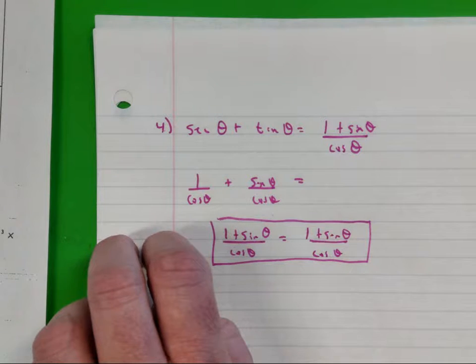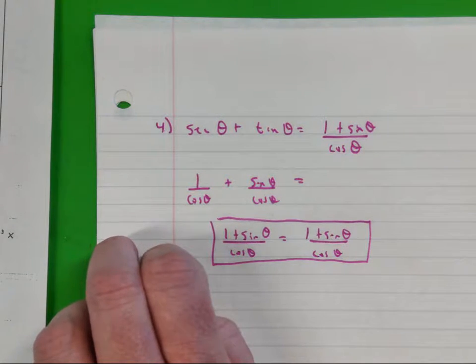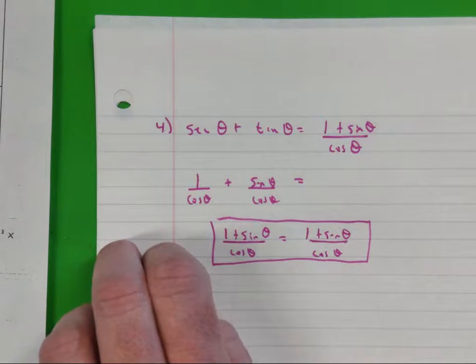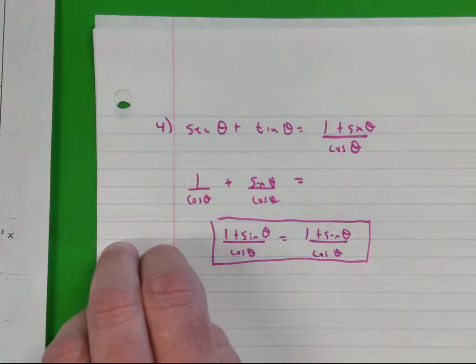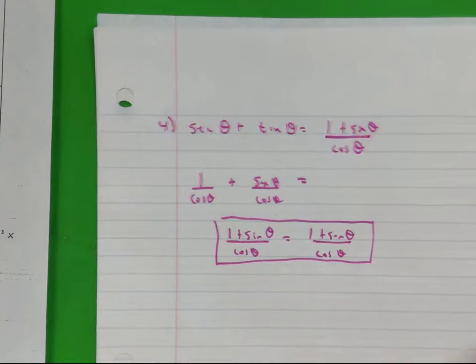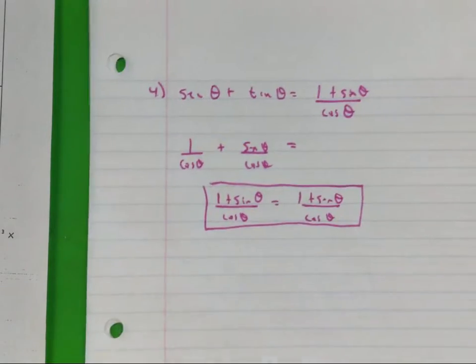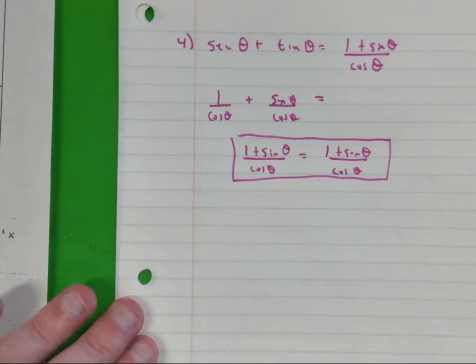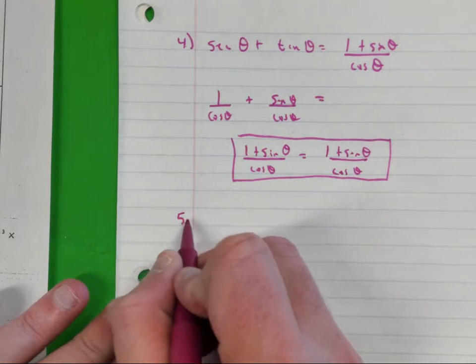Adding fractions, you need a common denominator. I already had that. And just put 1 plus sine. You cannot combine these because these are not like terms. It happens to match what I wanted, so I'm done with the problem. So some are quick like that. You can't go any deeper on that one.